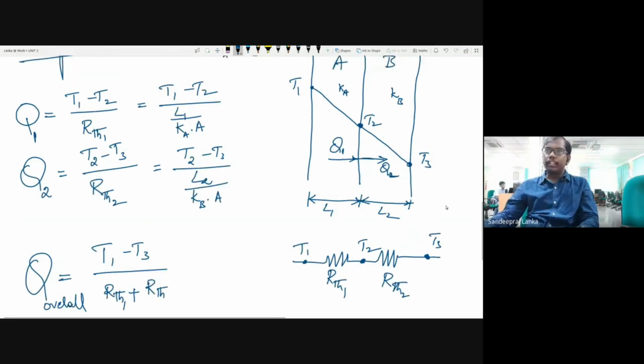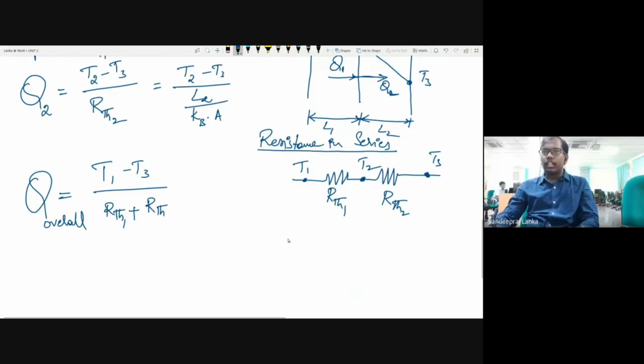What I understood from this case is that this is like resistances in series. If you have resistances in series in your electrical circuit, you add them.